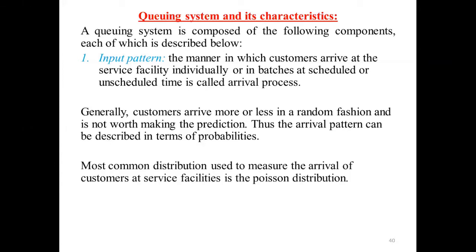The most common distribution used to measure the arrival of customers at a service facility is the Poisson distribution. Next, the arrival rate in a queuing model is denoted by lambda. It is the notation used for the arrival rate of the customer at the service station.